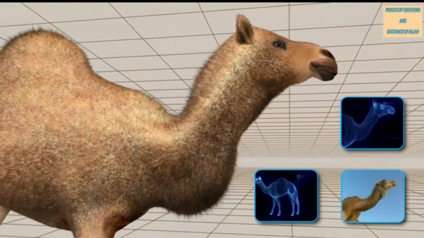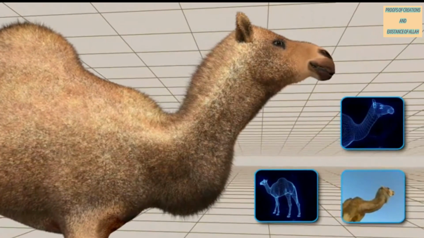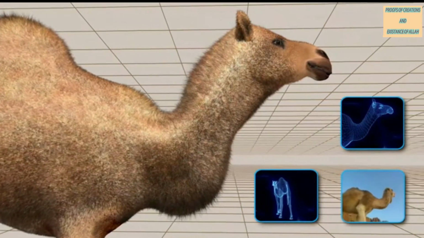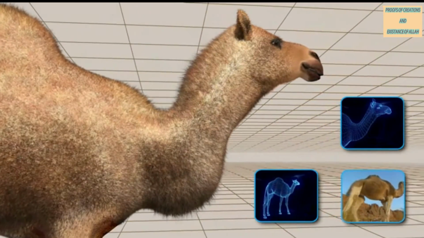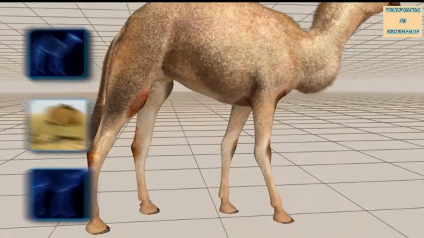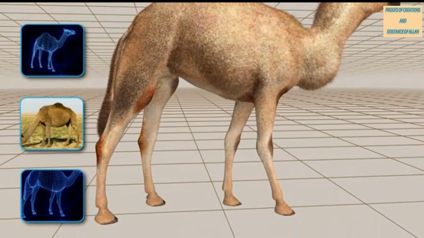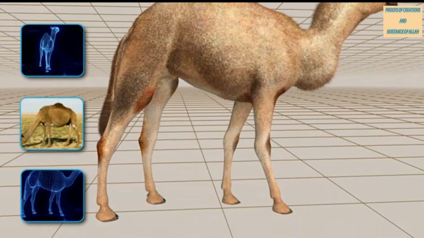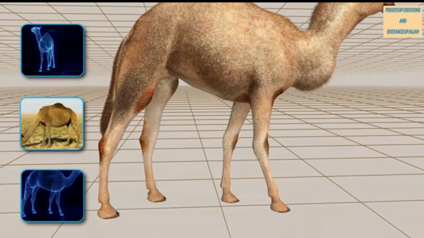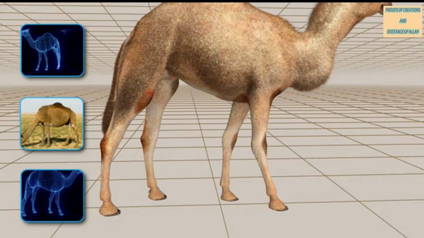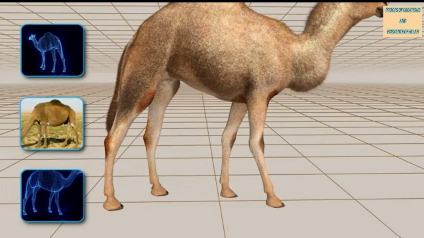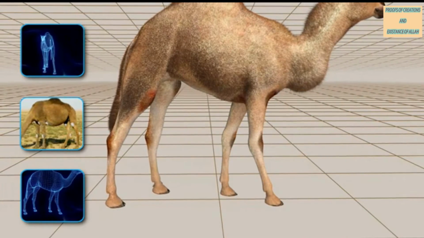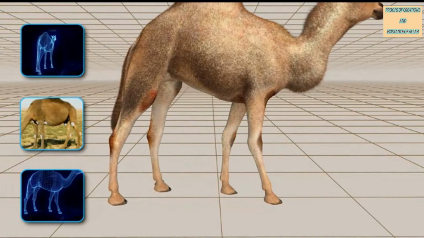Its neck, which is 3 meters above the ground, enables the camel to eat leaves. Its knees are covered by calluses formed from skin that is as thick and hard as a horn. When the camel lies down, the calluses protect the animal from the ground's extreme heat and from injury.